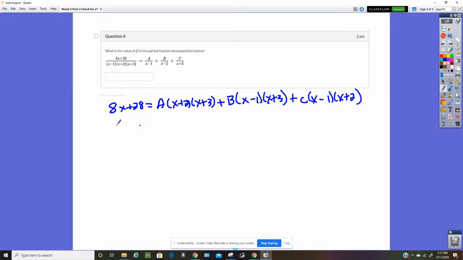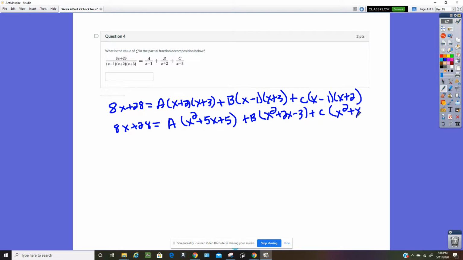So 8x + 28 equals A times x² + 2x + 3x is 5x, plus 5, plus B times, multiply these together, x² + 2x - 3, plus C times x² + x - 2.